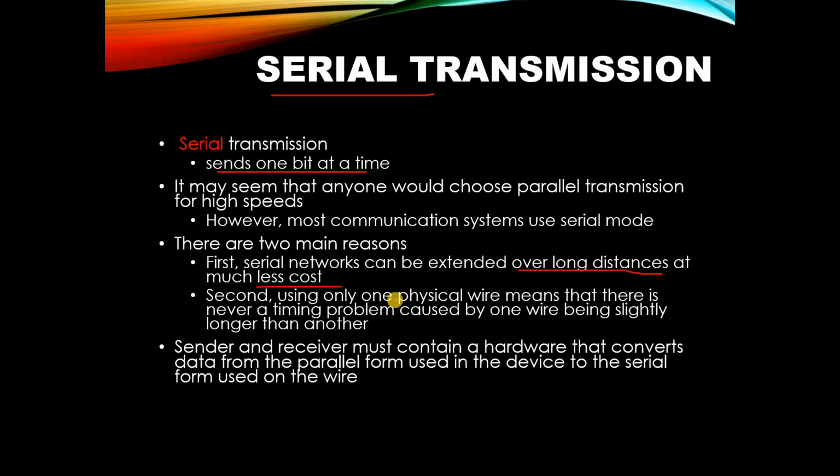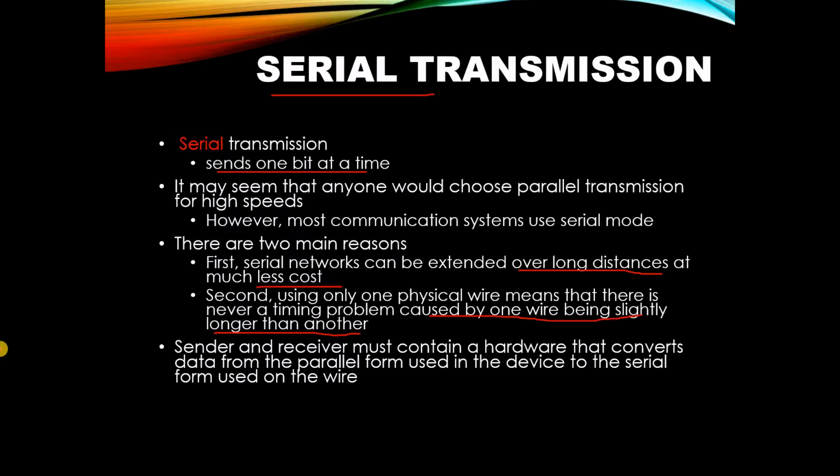The second one, a single physical wire means that there is never a timing problem caused by one wire being slightly longer than another. One more thing I forgot to mention here is, imagine serial and parallel transmission. You are clear in that, right?